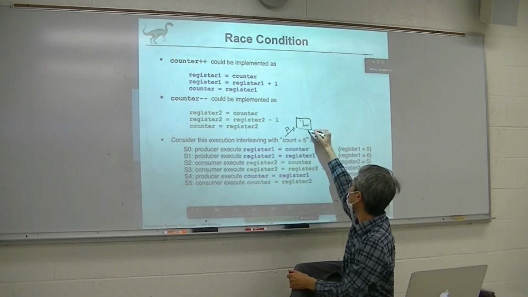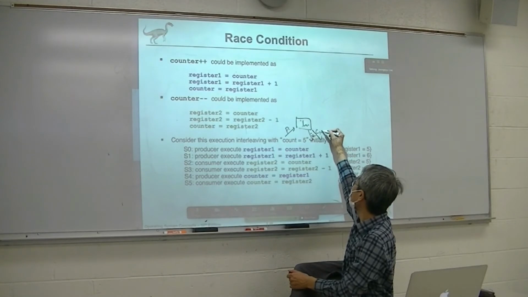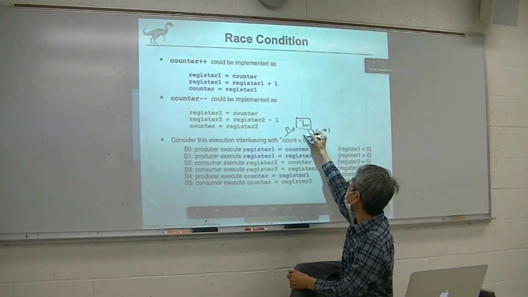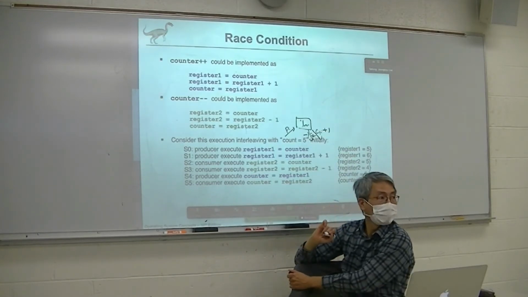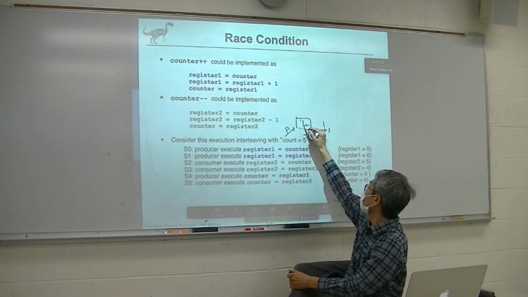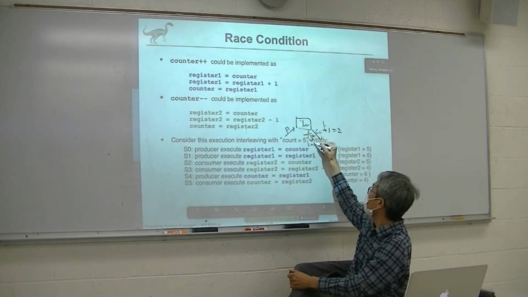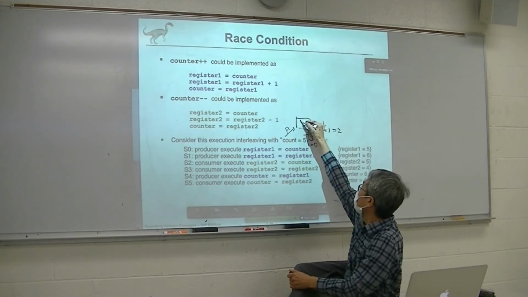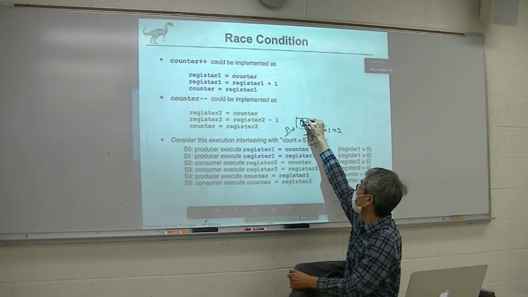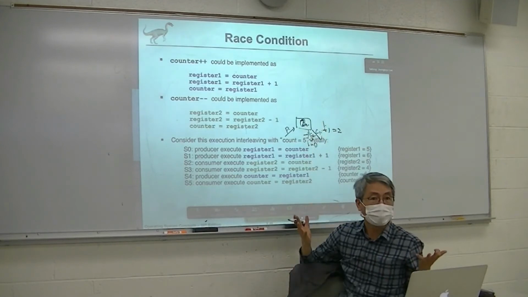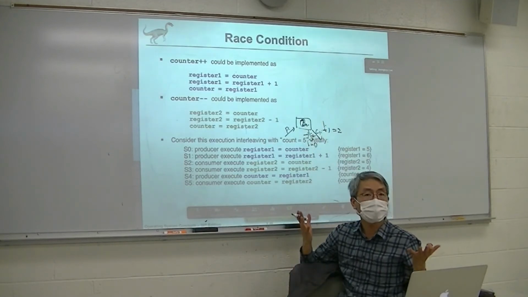And there are 2 consumers, C1 and C2. C1 usually plus 1, C2 is minus 1. Okay? So read the data 1. And plus 1 is going to be 2. Minus 1 is going to be 0. Then update the 2. But update 0. We cannot guarantee the output. This is called the race condition.